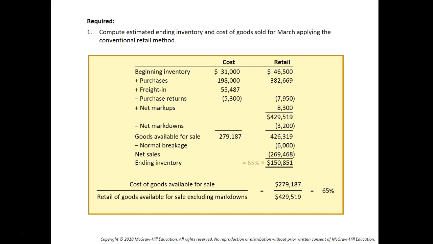To give us 65%, our $150,851 times the 65% gives us an ending inventory of $98,053. We can compute our net sales, $181,134.